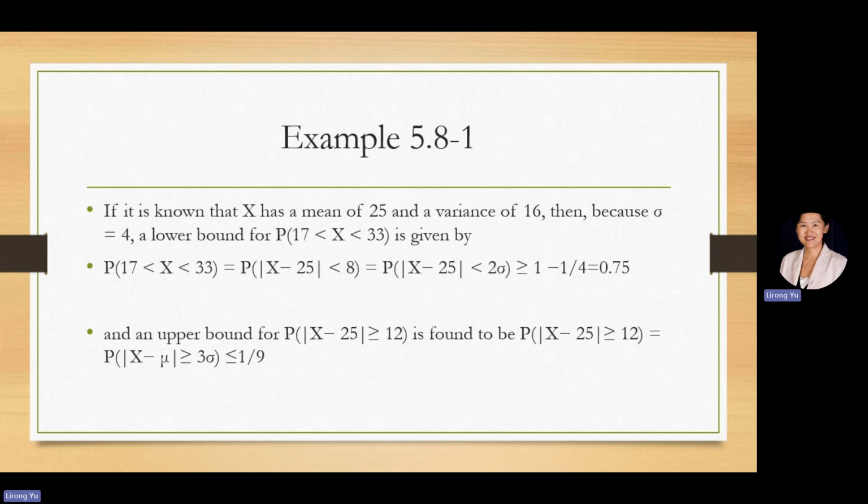So we have 1 minus sigma squared, the variance, which is given as 16, and epsilon is 8, which we square. So altogether it's 1 minus 1 over 4, which is 0.75.